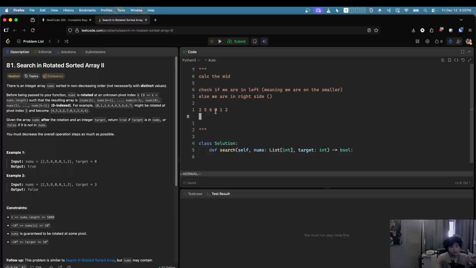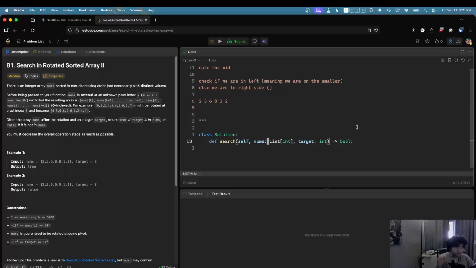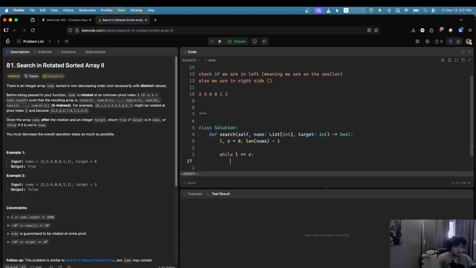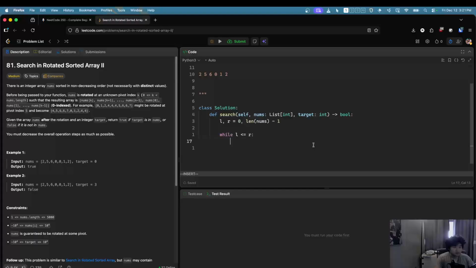So okay, I have an idea now. Let's do a normal bounding search. We do left, right, 0, length of nums minus 1, while left is less than or equal to right. I'm going to include the case where they end up being the same, just to be safe. We can get rid of it if it starts being weird. We calculate the middle, which is left plus right, divided by 2, round down.